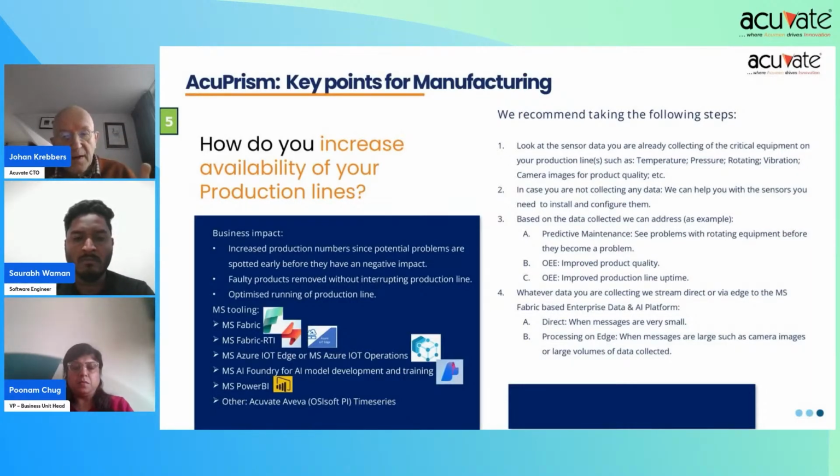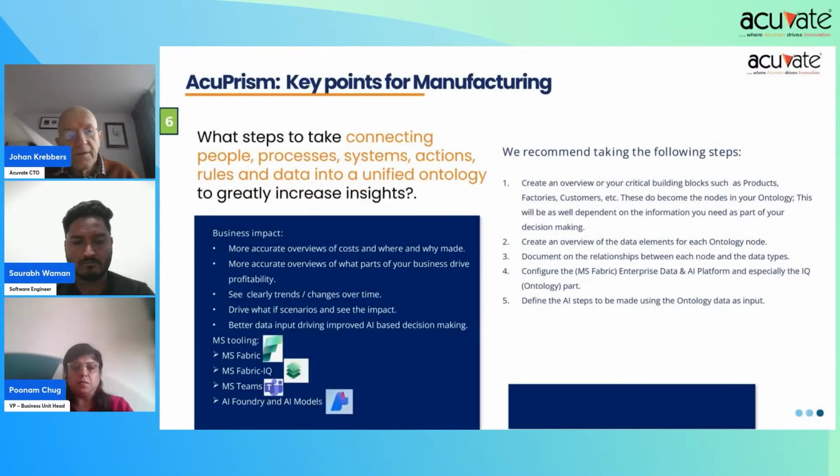It's important we do that days in advance, so you can do something to prevent the actual failure. You can replace the component, you can fix the problem before it actually happens. You see on the left, the business impact and the Microsoft tooling again.